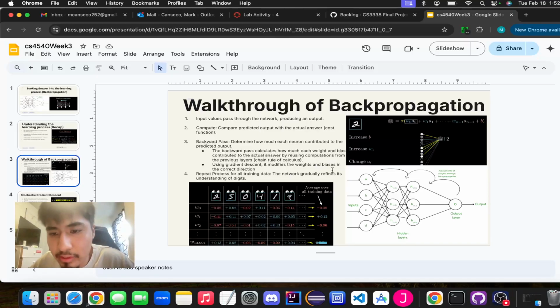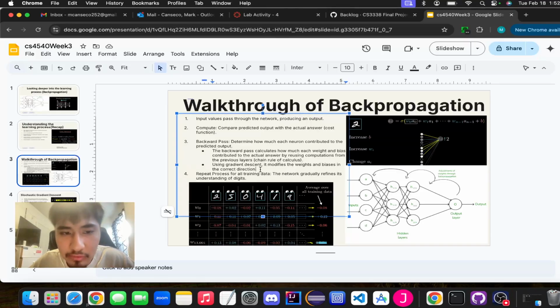I'm going to be talking about this in more detail next week, when I talk about GPT, so we're going to leave that for next week. After that, it uses gradient descent to modify weights and biases in the correct direction.